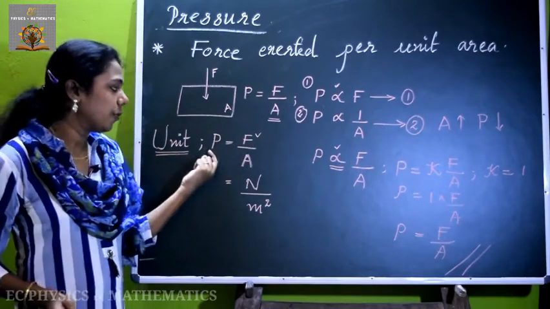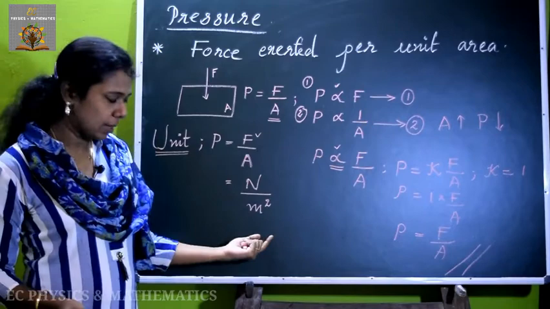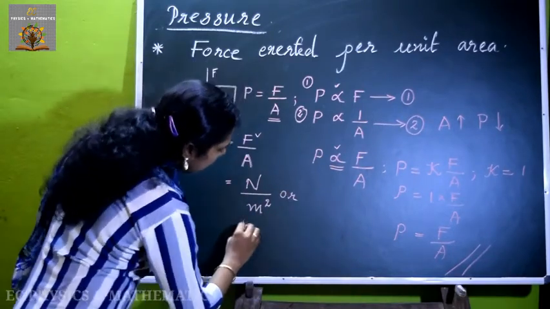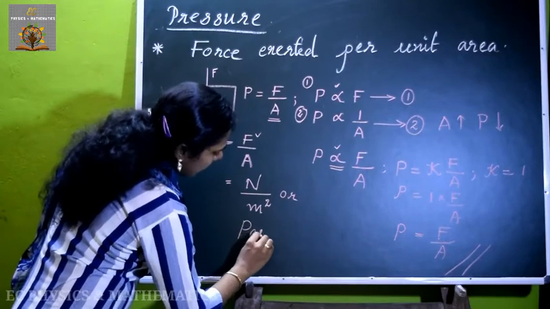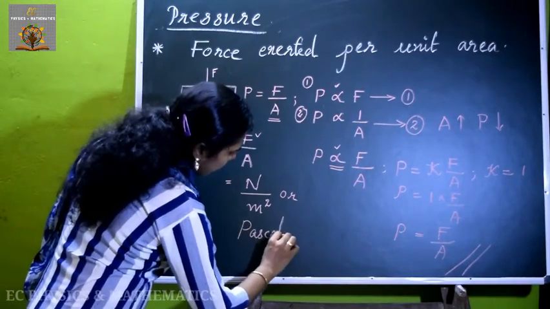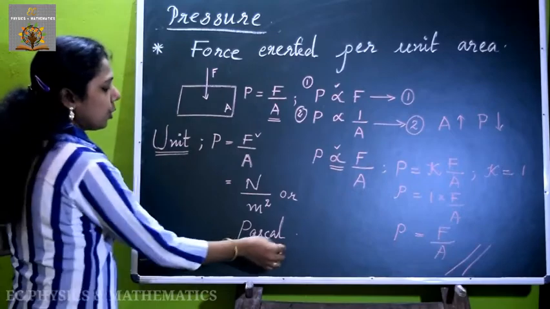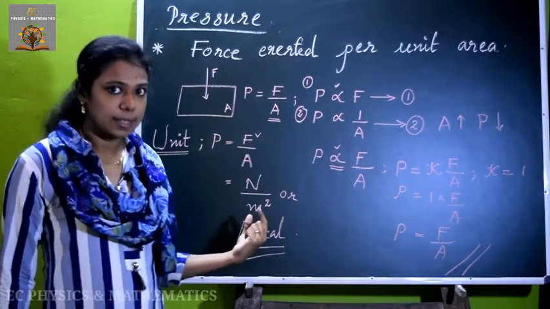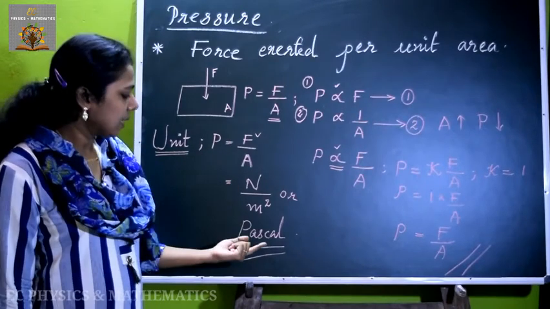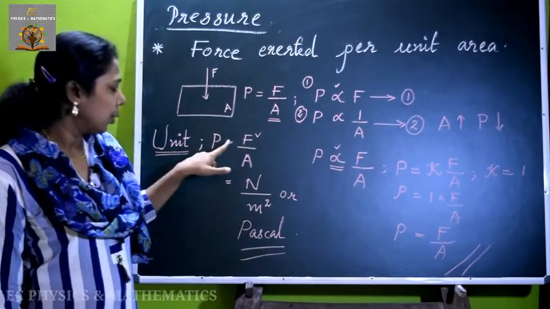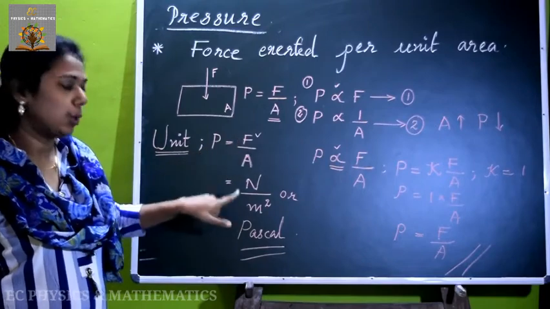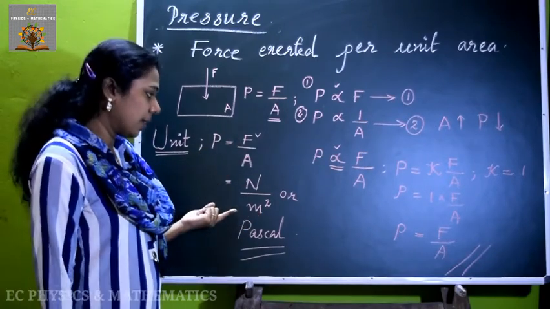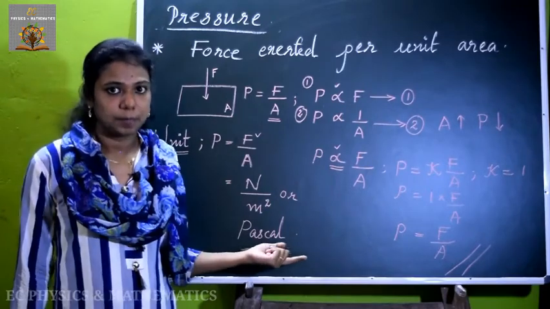So the unit of pressure is Newton per meter square, otherwise we can say Pascal. Understood? So the unit of pressure is Pascal.